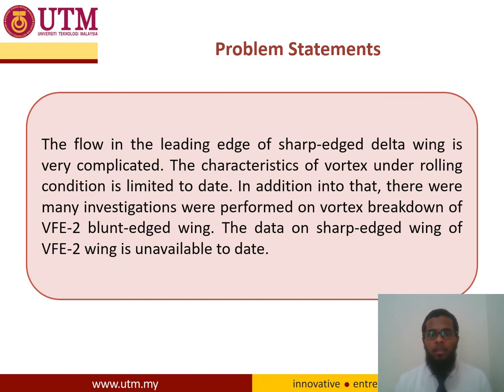So I have decided to gather all the characteristics of the vortex, and the rolling condition is limited to 8. In addition to that, many investigations were done on VFE2 blunt, but not on the sharp edge, so the data is unavailable. So I want to give the data for the VFE2.